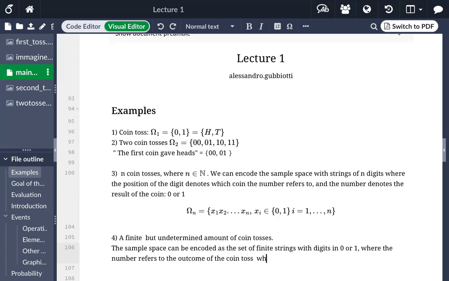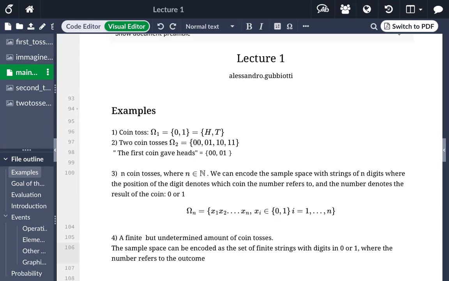Sorry, it is more difficult to say it than to write it. So we have a string. Each position refers to a coin toss, and the value of the digit tells you if it is heads or tails.